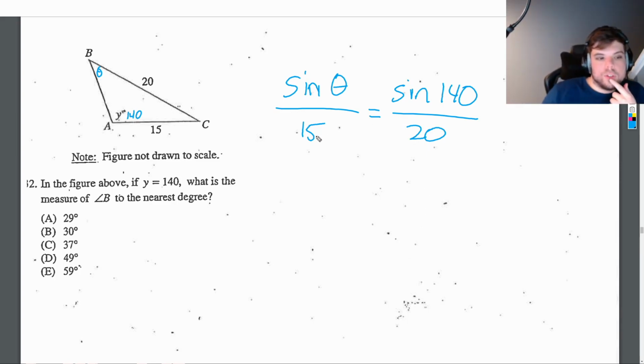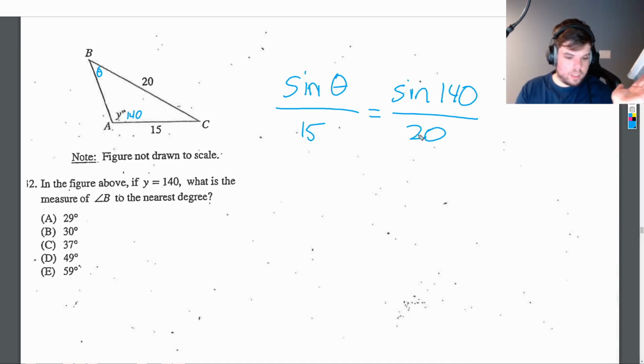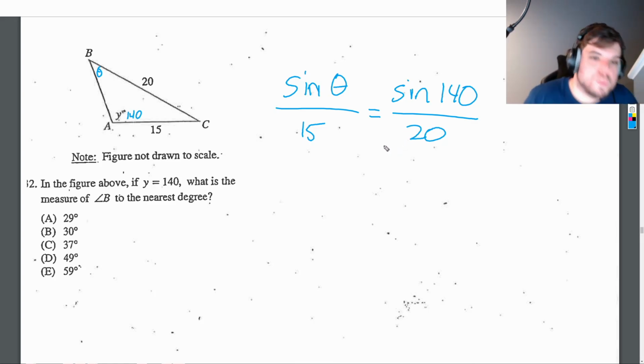They're in ratios, so this is 3/4. Wait, no. The sine of 140. I'm trying to see if just by writing this, can you tell what the answer is?